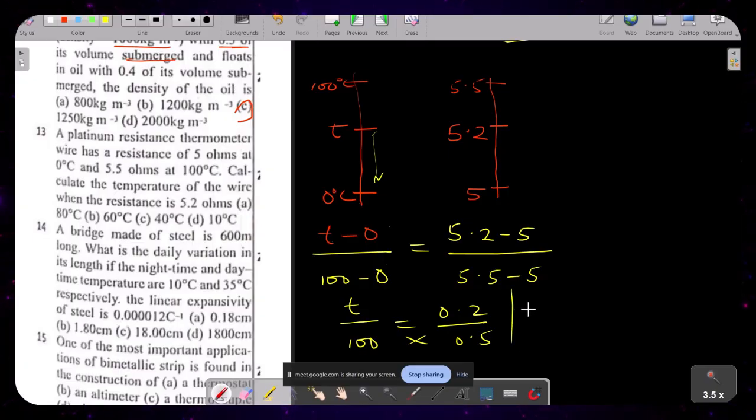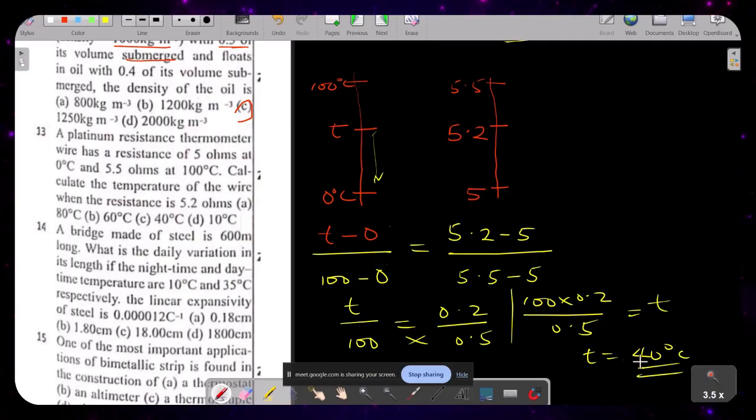I'm going to have 100 times 0.2 all over 0.5, which is going to give me my T. If you multiply and divide, it's going to give me 40 degrees Celsius, and that's all. So the answer to this question is option C.